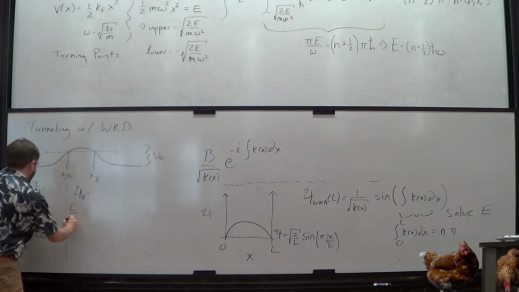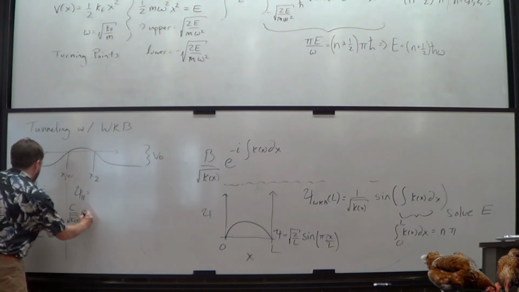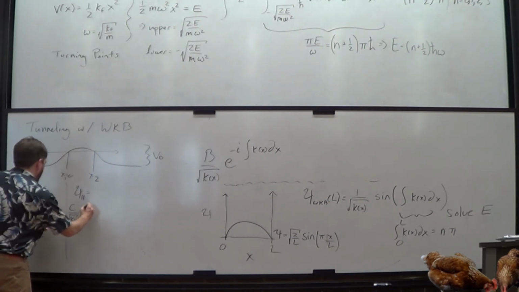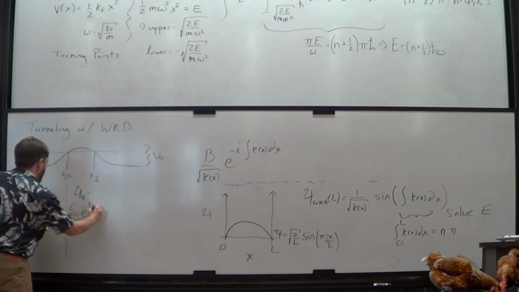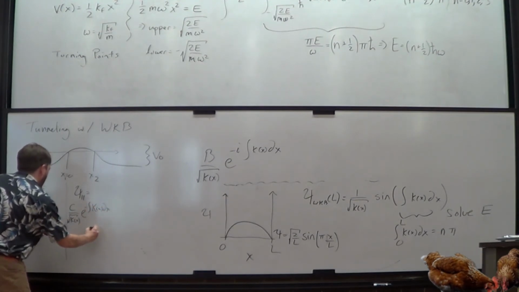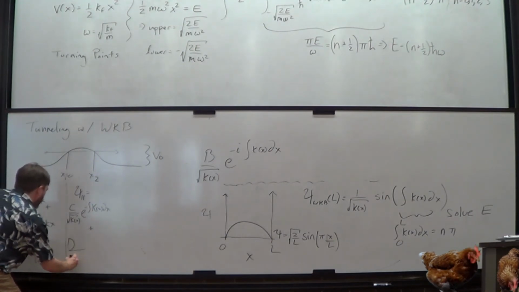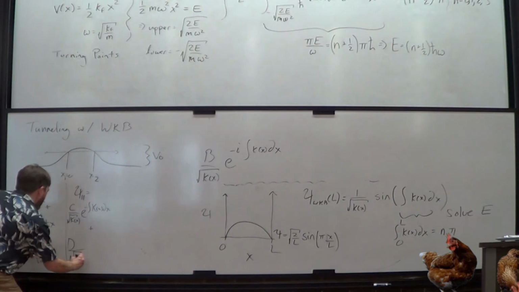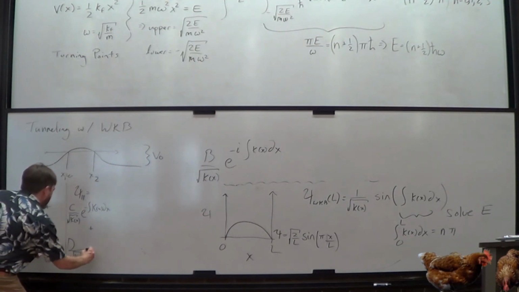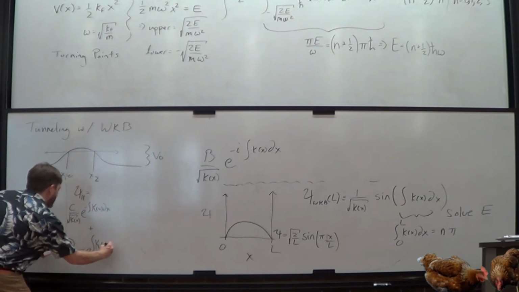That'll be, let's call that a C wave, square root of k x, e to the minus integral of kappa, so there's no i, and that will be added to a D wave, which of course has e to the plus kappa x dx.